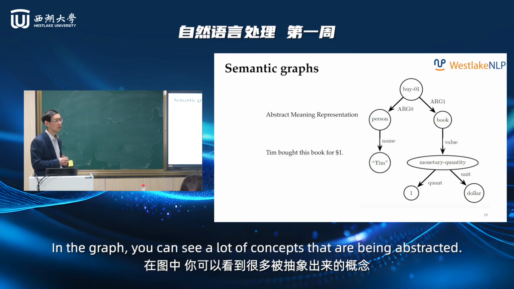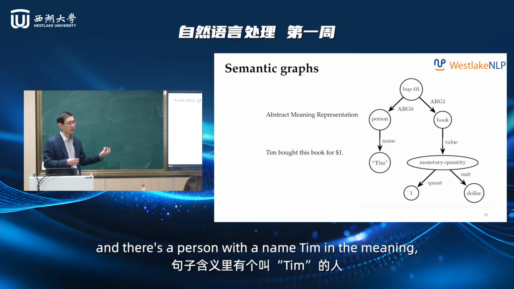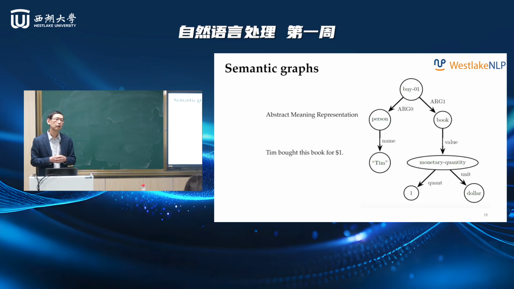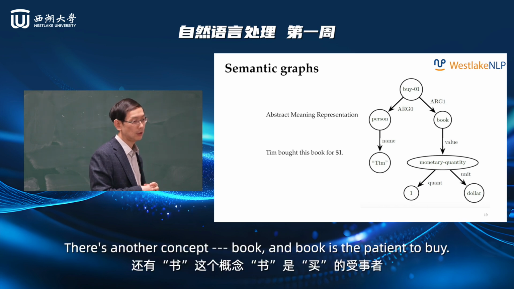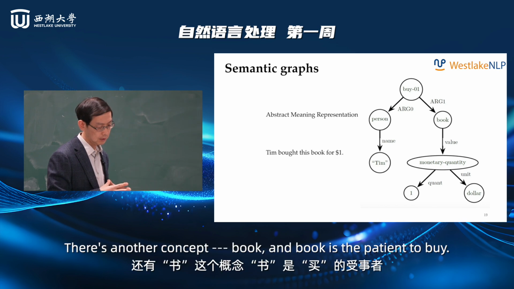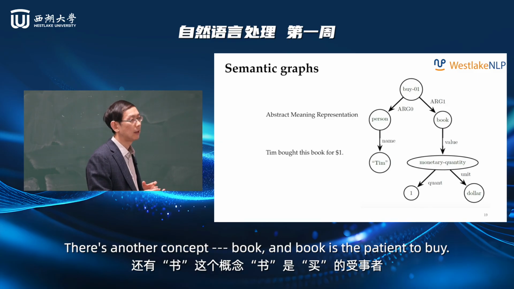Okay. In the graph, you can see a lot of concepts that are being abstracted. So for example, buy, okay, is an abstract concept. And there's a person with the name Tim in the meaning, right? And the person is the agent to buy. There's another concept, book. And book is the patient to buy.